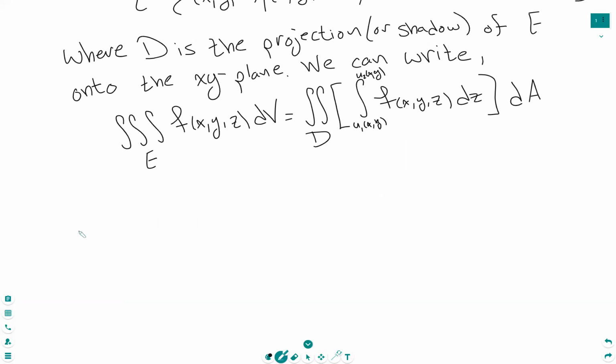Just for an example, perhaps D is a type 1 region.